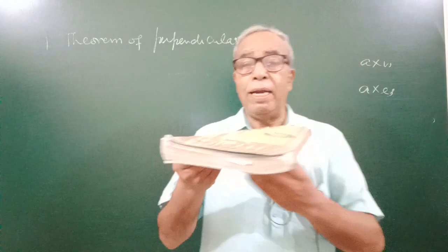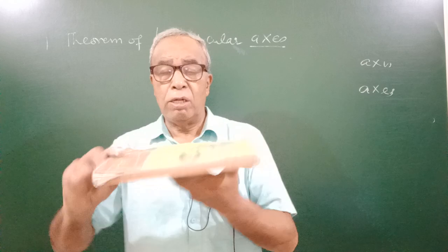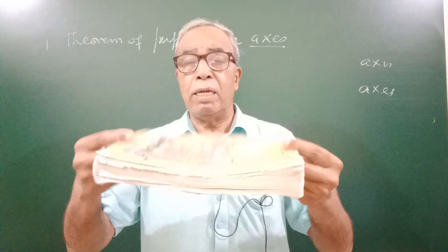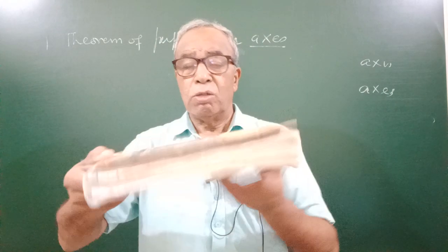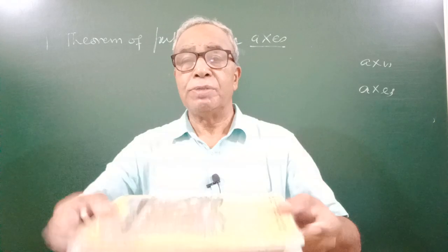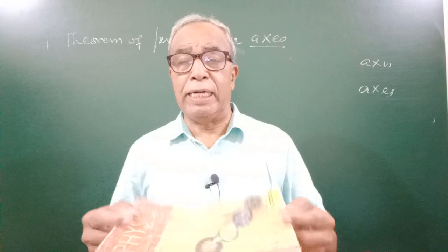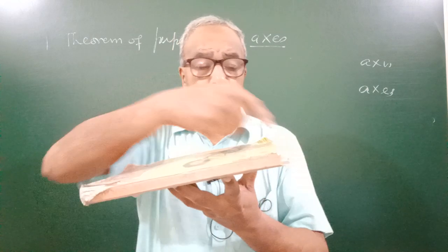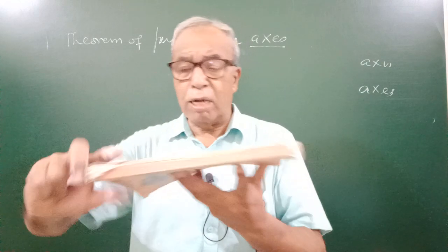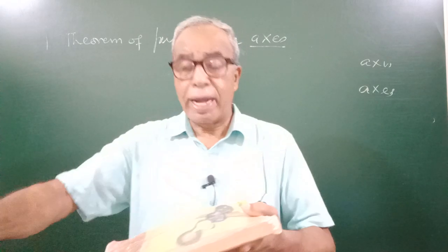Here it is a plane lamina. This book behaves like a plane lamina. You can rotate it like this. So this is one axis of rotation about which the book is rotating. And please don't hesitate to understand. We can rotate about another axis, maybe here also, which lies in the plane of the book.